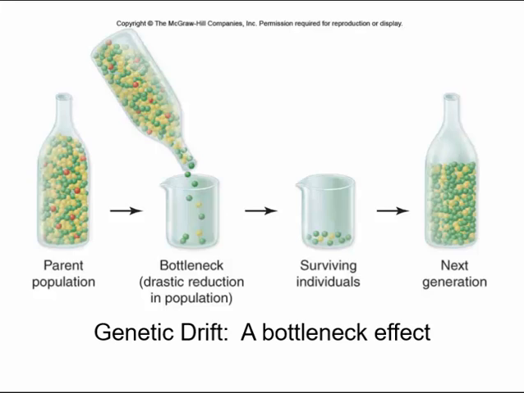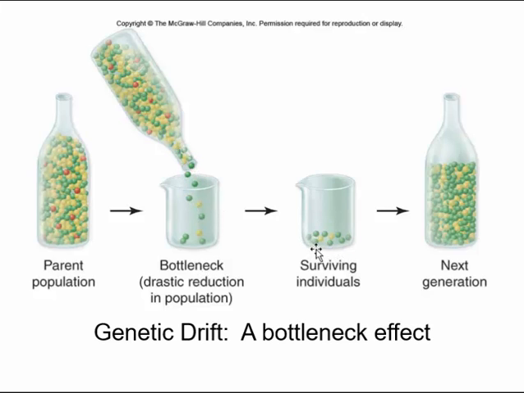Another place where we see genetic drift having a big impact because of a small population is something called a population bottleneck. It's called a bottleneck because you can imagine it, well, like a bottleneck here. If we had a parent population, and here's the allelic diversity, we've got green, yellow, and some orange alleles, and then a population crash, you lose a high percentage of your population, and this is what gets, quote unquote, passed through the bottleneck.